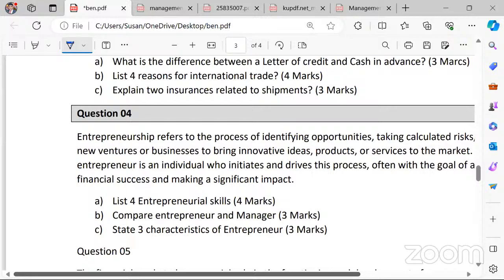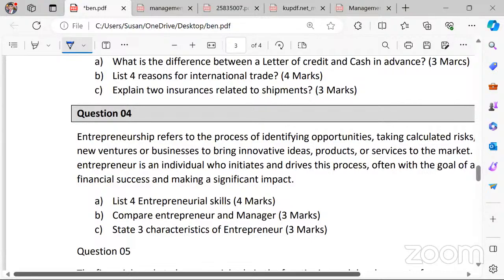Now, entrepreneur is starting a business. Manager is continuing the business started by the entrepreneur. The entrepreneur bears a risk and he is getting a profit.